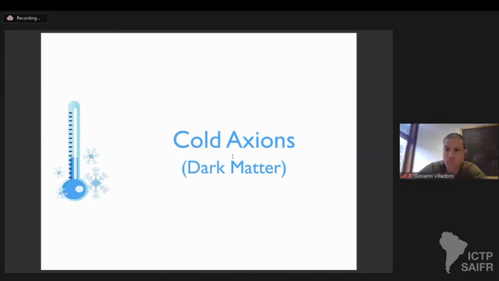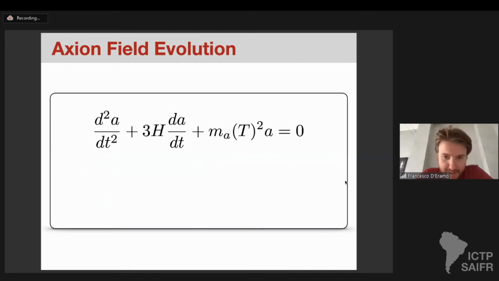Okay, so cold axions. As I said, if you want to know the axion field evolution in the early universe, you can solve the equation of motion of the axion. This is the equation of motion that you find. Let's forget about H for a second.